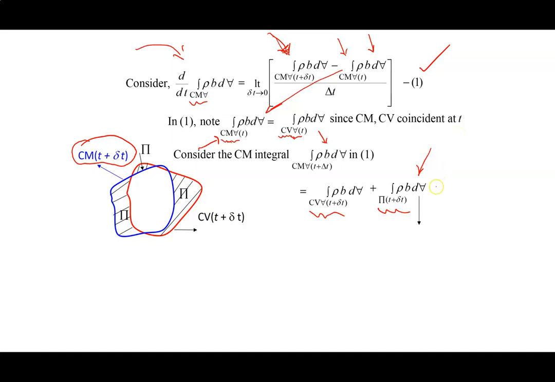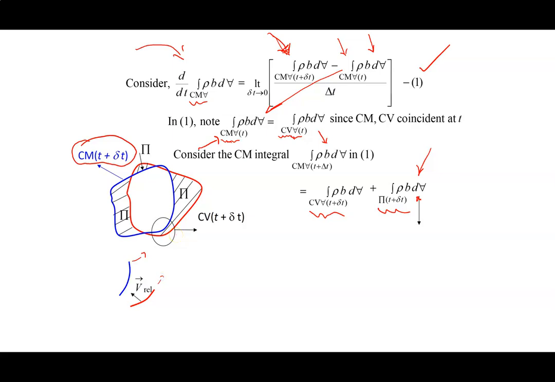And let's focus on this volume over this region pi. In order to do that, I'm going to zoom in at a region at the edge of the control volume and blow it up. So the blue line represents the control mass edge. The red line represents the control volume edge.